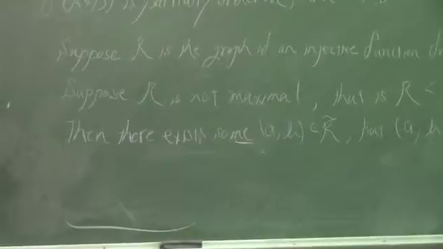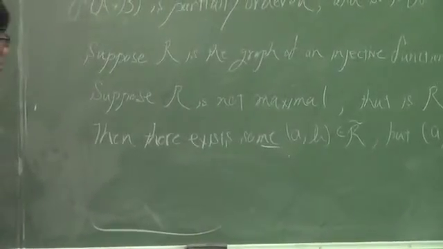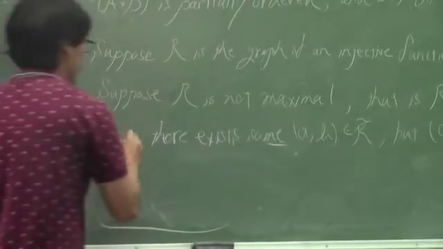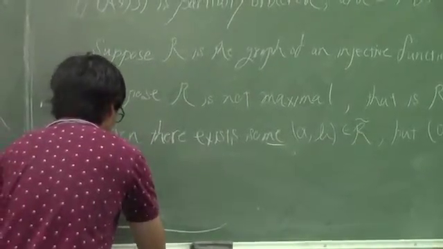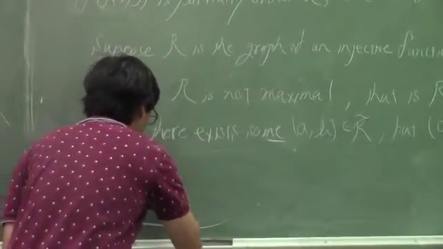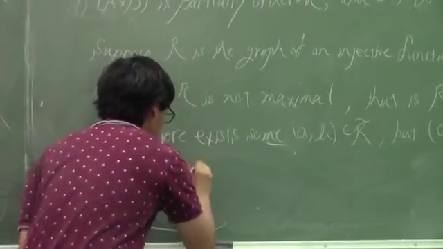Because R is the graph of the function, there has to be, for some a, (a, b prime) in R. And that's because R is the graph of an everywhere defined function.